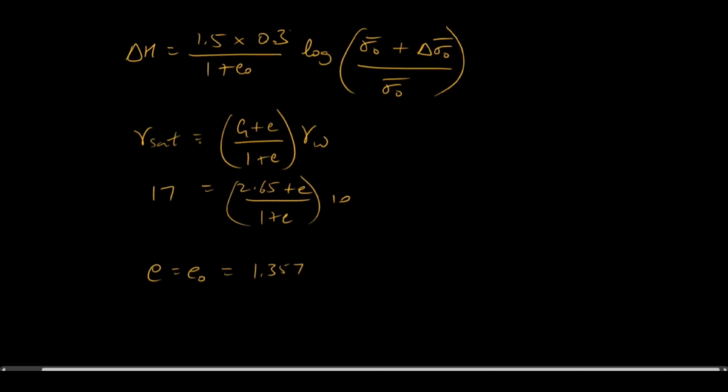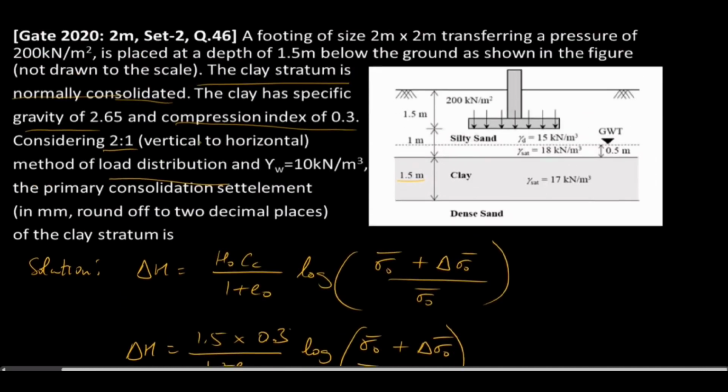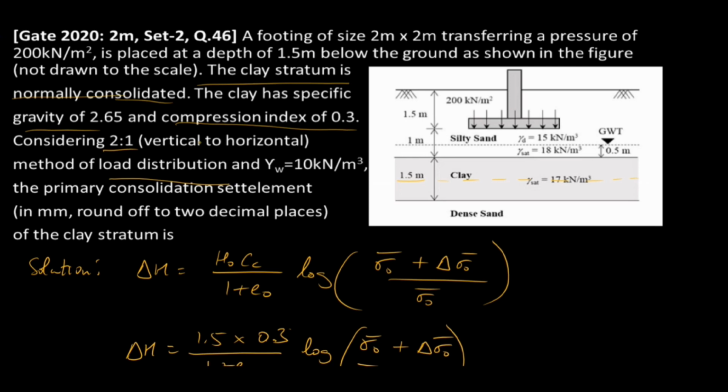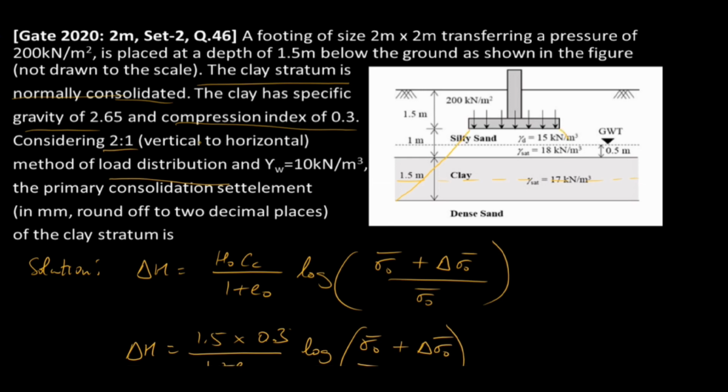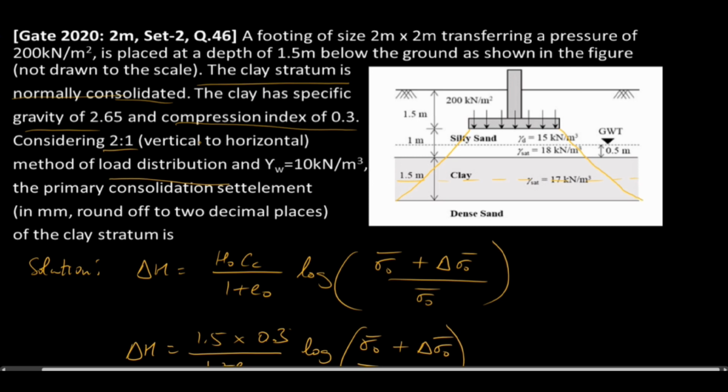Now we need the effective stress. We need to find it out till the middle of the clay layer. For every consolidation problem, we find out the effective stress and the change in effective stress till the middle of the clay layer. If you see this question, the load distribution pattern will be like this, 2 vertical to 1 horizontal.